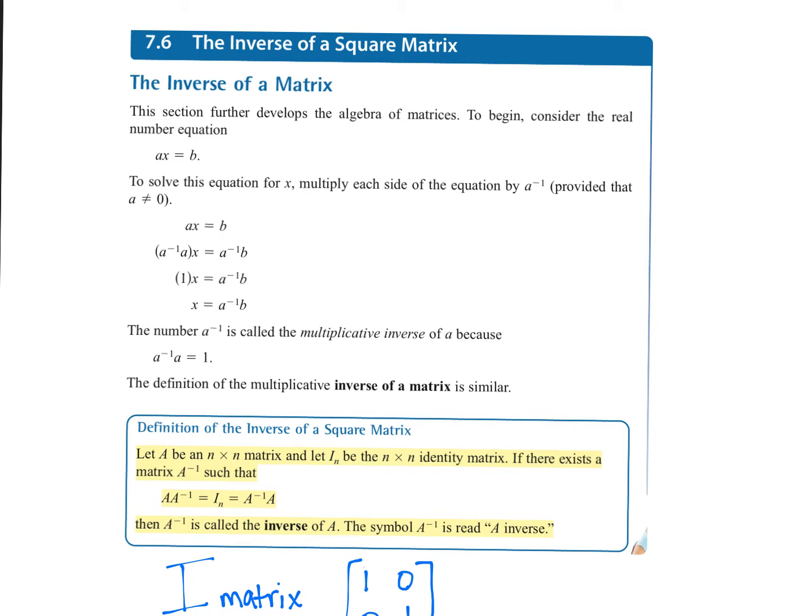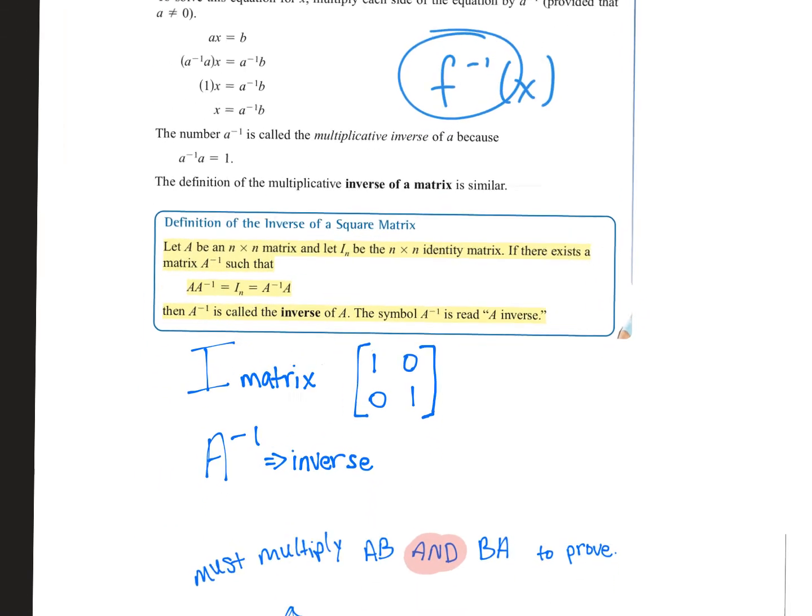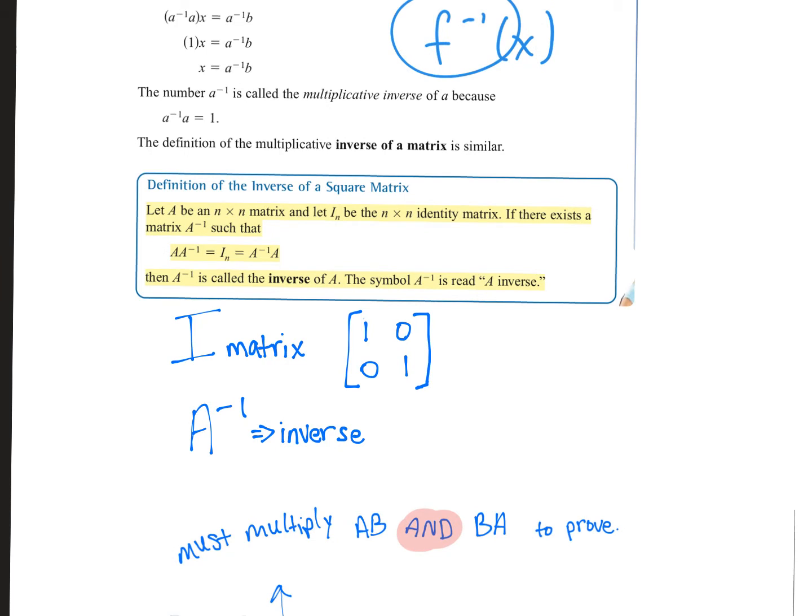We switched x and y, and then we solved for the new y, and our inverse notation was like f^-1 of x, and that little -1 denoted our inverse. Well, the same applies if you're finding the inverse of a matrix. We name our matrices with big capital letters, A, B, C, so when you're finding the inverse, you need to tell me, hey, this is the inverse. The way you do that is by that little A with the -1.